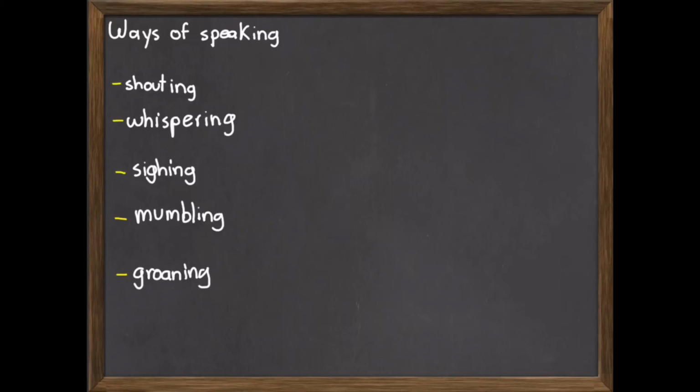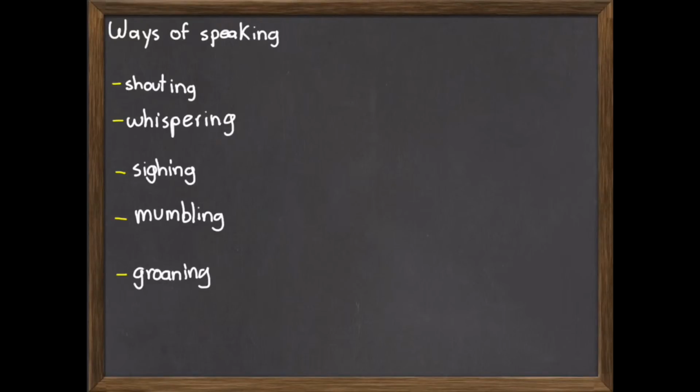Now, another one would be groaning. We saw groaning in this unit. And groaning is the sound you make when something hurts or you're in despair. You're annoyed sometimes. For example, when you wake up a child in the morning and they're like, I don't want to go to school.